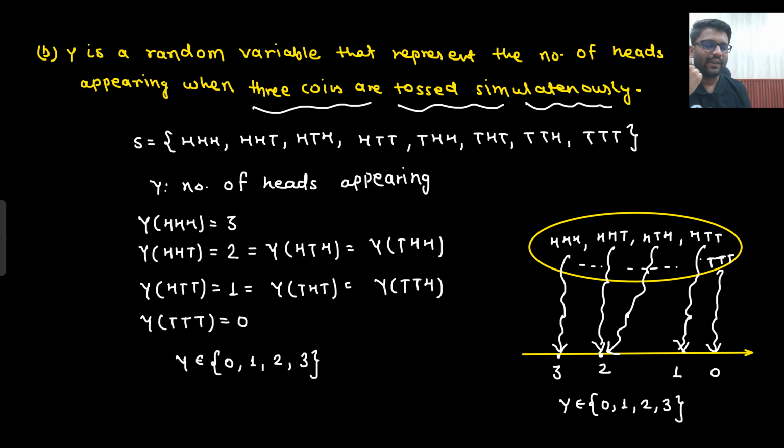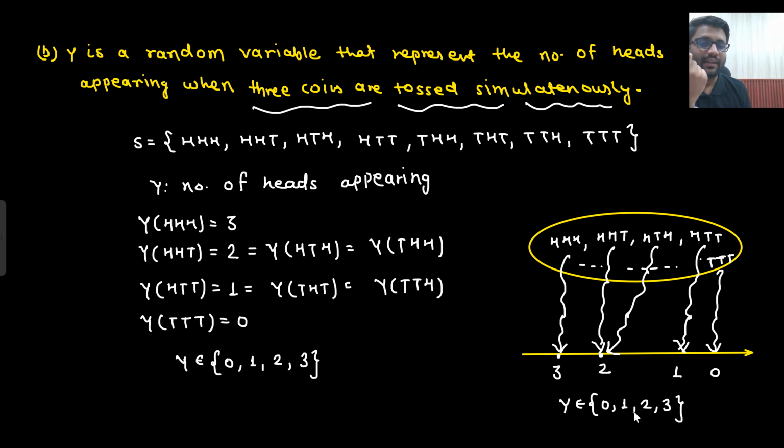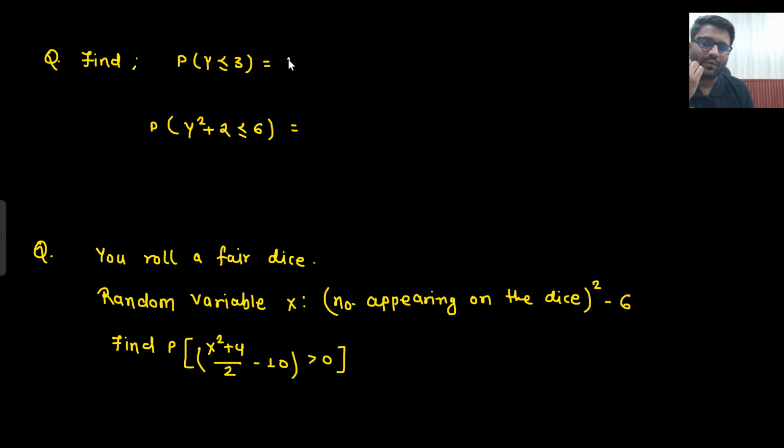Okay. Now if I ask you this kind of question, what is the probability of getting y less than equals to 3? That means what is the probability that y takes the value less than equals to 3? So y can take either 0 or 1 or 2 or 3, right?